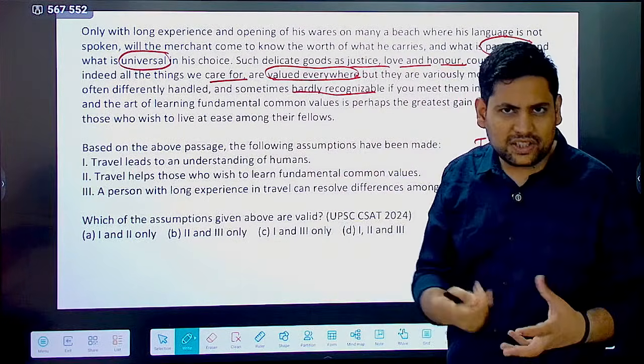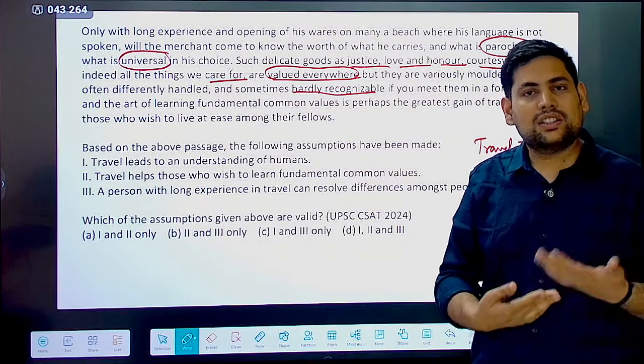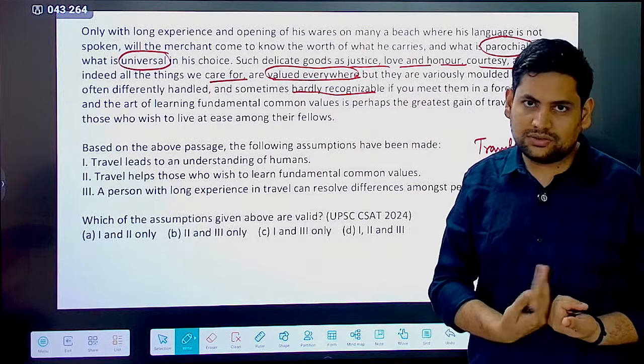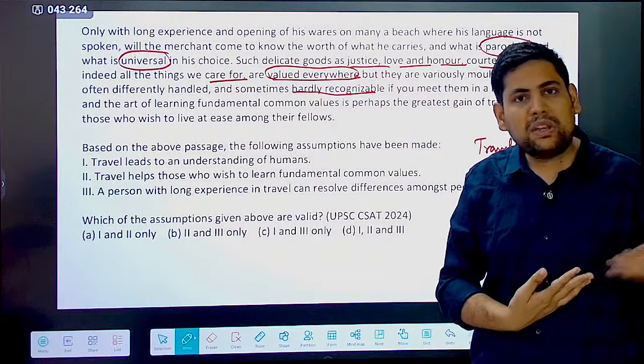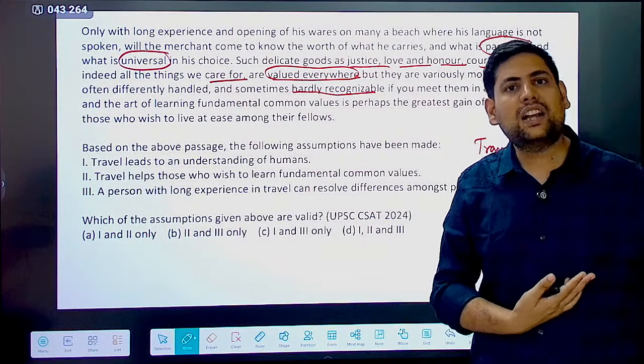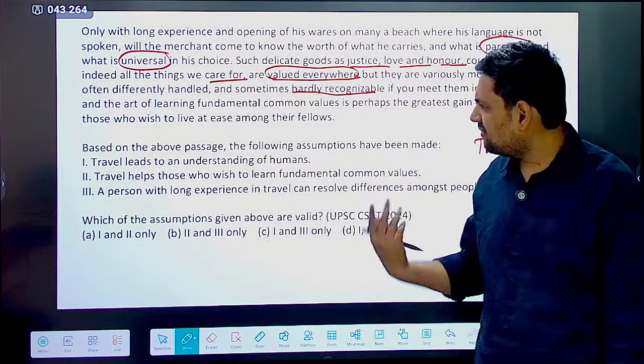Because the manifestation is very different. What you consider love in India may be considered something else in another part of the world. What you consider friendship in India, a simple platonic friendship, may be considered something really bad in some countries that are much more conservative. So all these things vary.